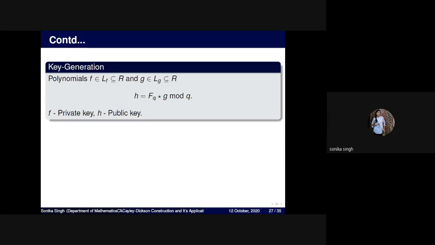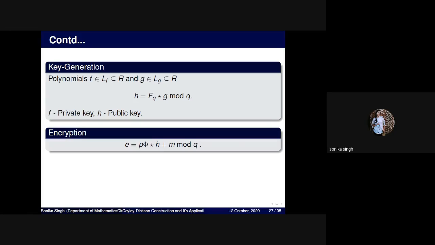In the case of the NTRU crypto system, for generating keys, the user chooses two ternary polynomials, f from Lf and g from Lg, and then computes h as the product of fq, which is the inverse of f under modulo q, and g. He sets f as his private key and h as his public key.